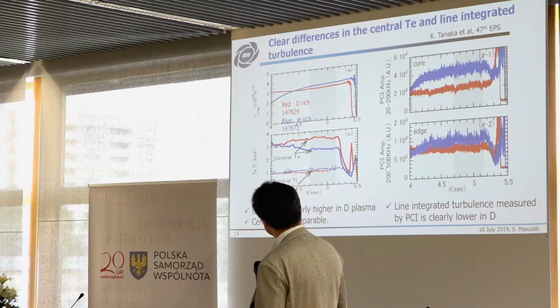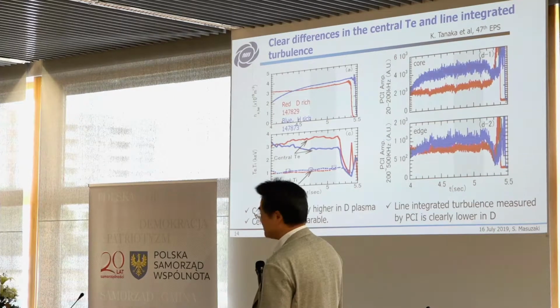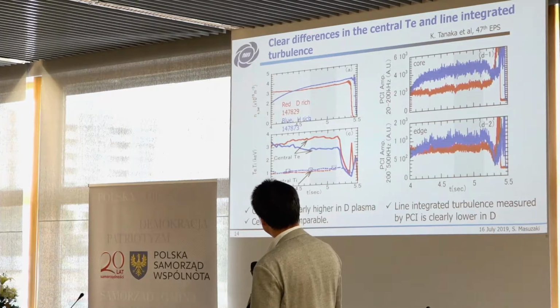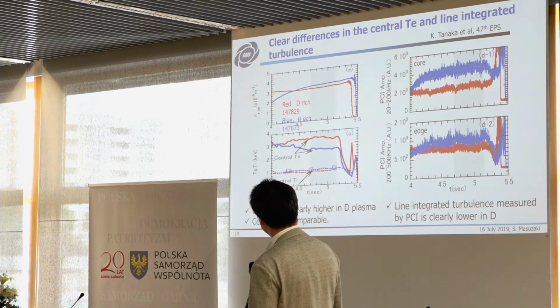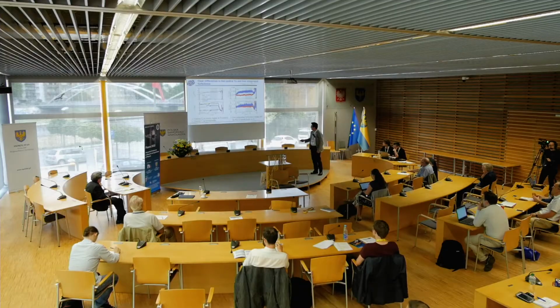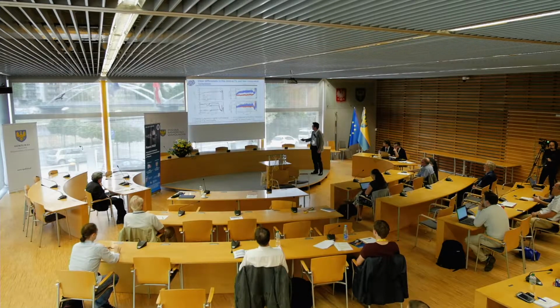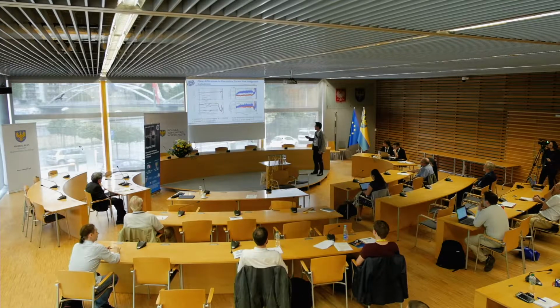And at that time, the temperature is like this. This is the central electron temperature. A clear difference appeared: the deuterium plasma electron temperature is higher than the hydrogen plasma. On the other hand, the central ion temperature is not so different between hydrogen and deuterium.